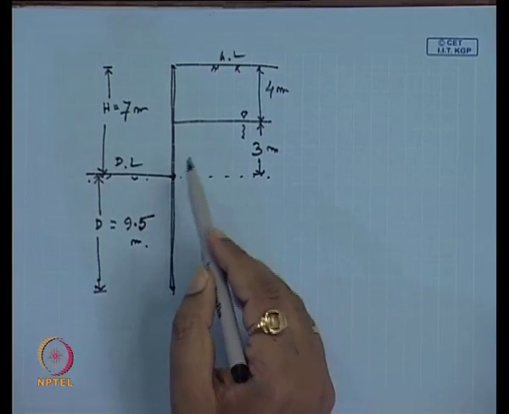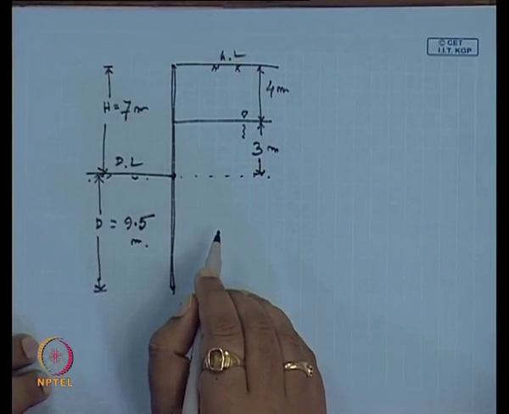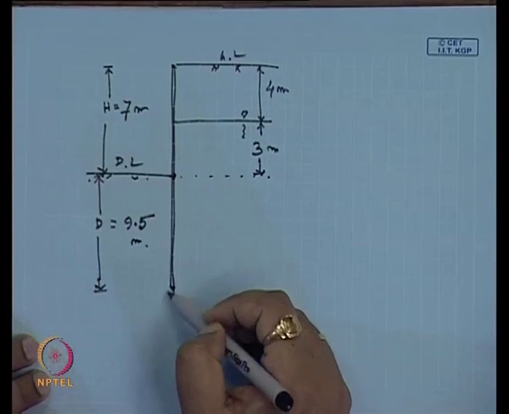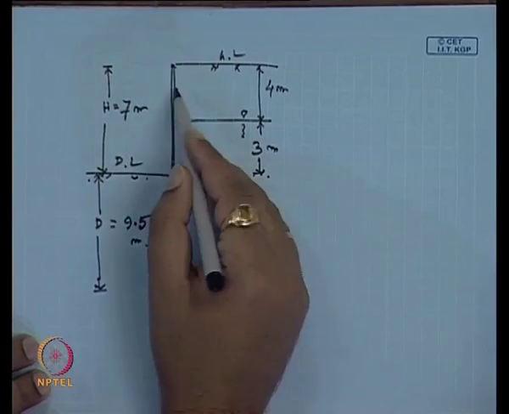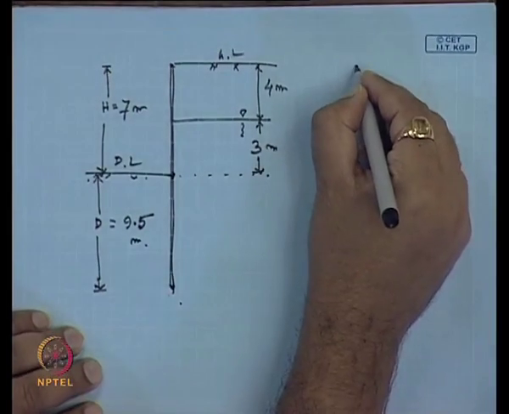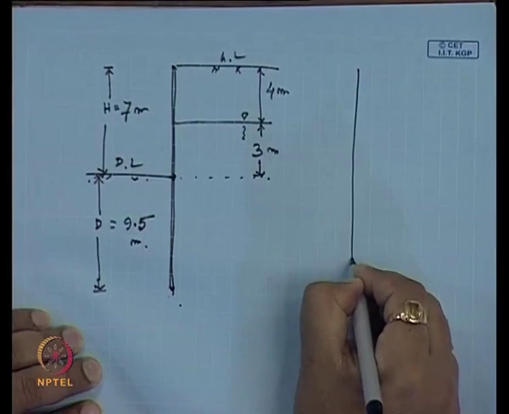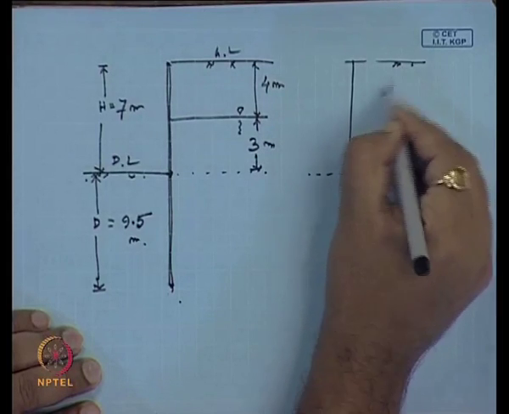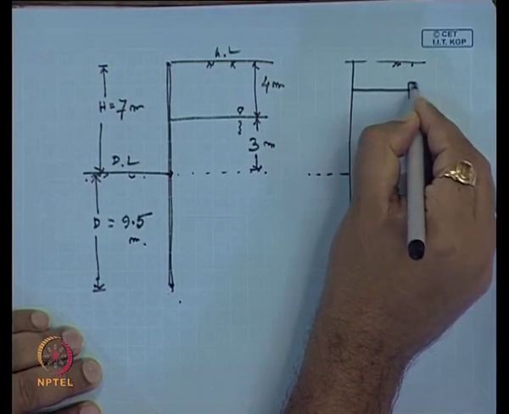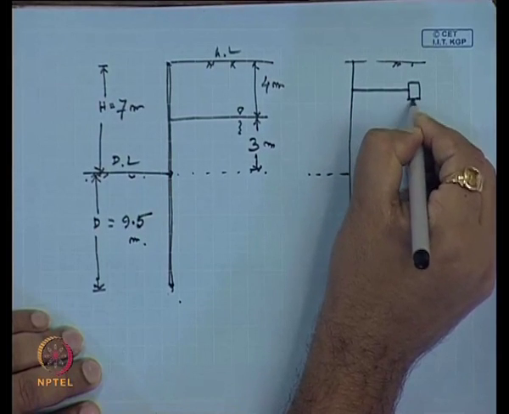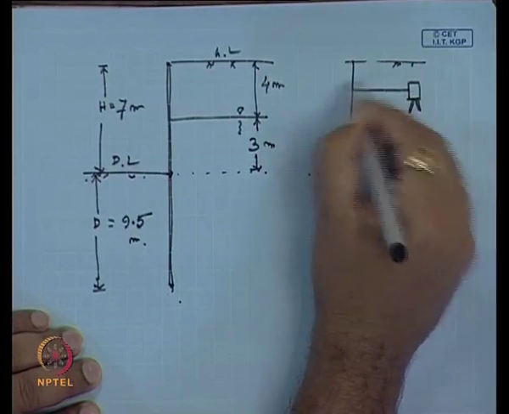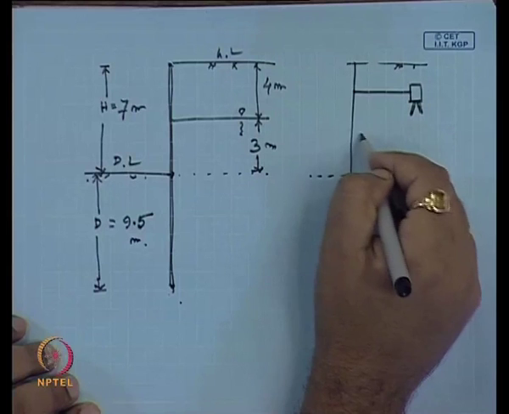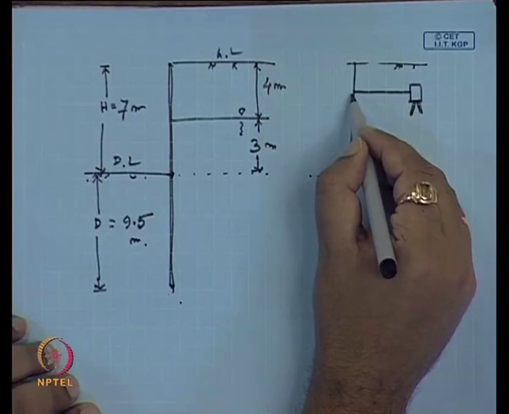In that case we have to provide an anchored sheet pile to reduce the required depth further. We can reduce the required depth by providing an anchor here. Suppose this is the ground level. If I provide one anchor here and fix it, the pressure is acting in this direction and this anchor is basically holding the sheet pile.